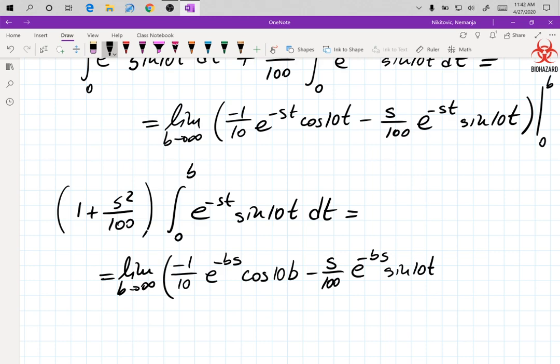And now we plug in the ones with the 0, right? So that's going to be plus 1 over 10. 0 makes the e into 1, and the cosine of 0 makes it into a 1. And then a minus sine of 0 will be 0, so that would be all one big fat 0 right there.